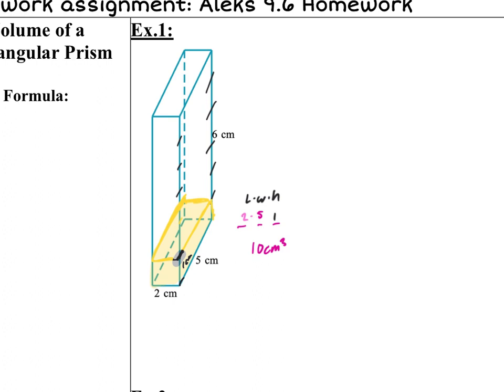But if we're going up 6 centimeters, we're going to repeat that layer 6 times. So the total volume is 2 times 5 times 6. 2 times 5 is 10, times 6 is 60. It's going to be 60 centimeters cubed.